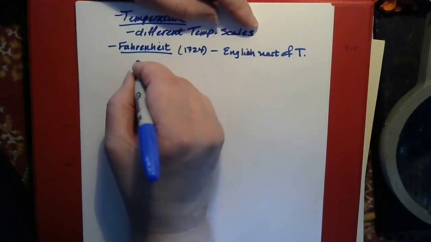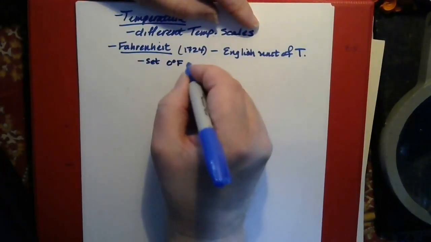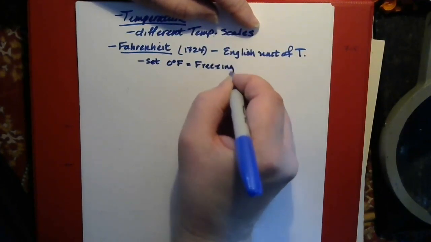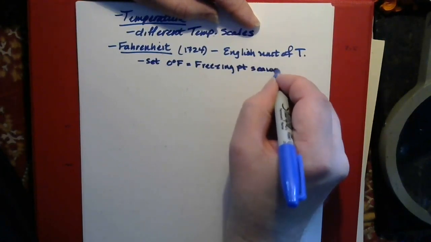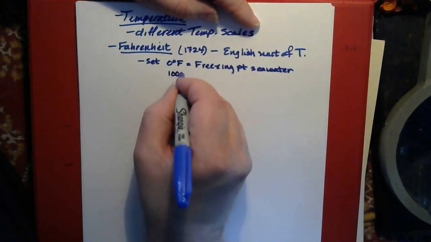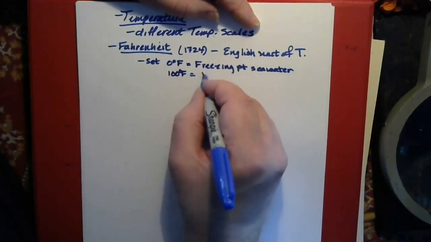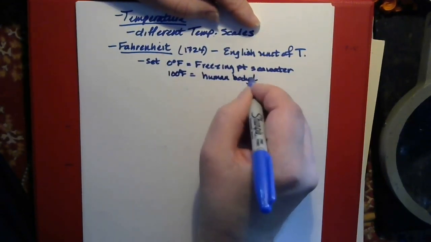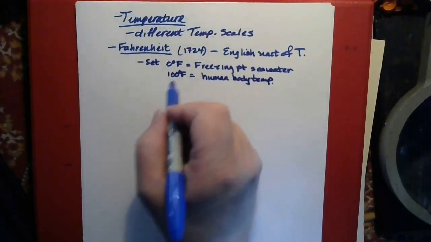And he set 0 degrees as the freezing point of seawater, and 100 degrees Fahrenheit was the human body temperature. And he was a little off on both, actually.